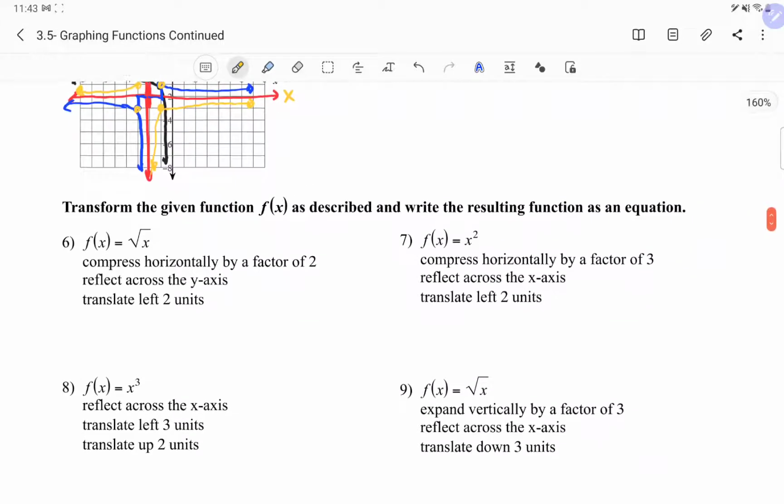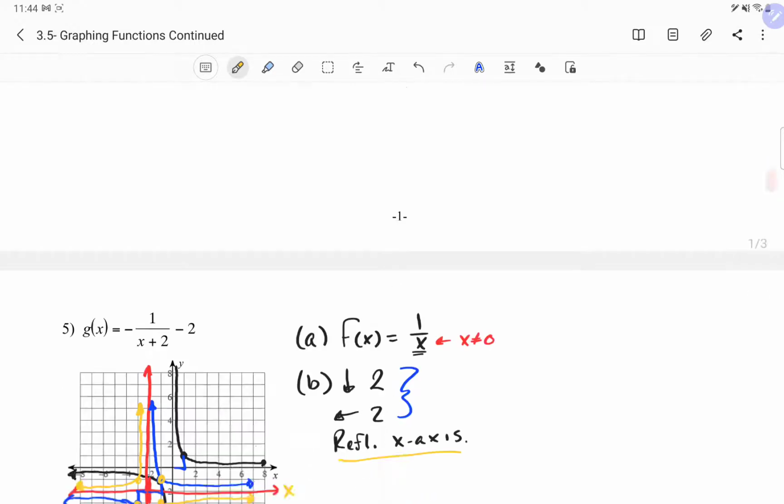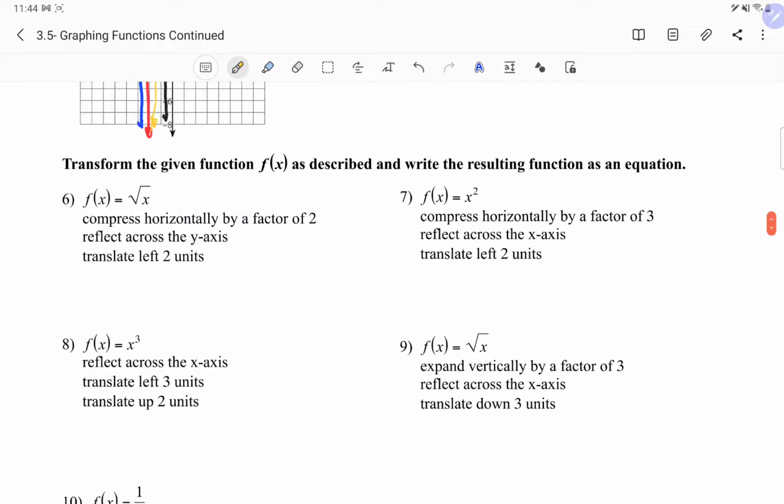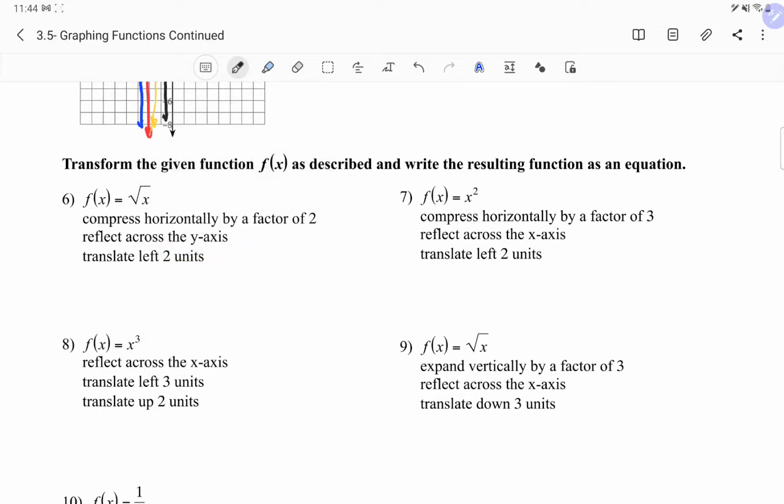Okay. So before I've been giving you guys the functions, and we come up with the graph. So now I'm going to give you the parent functions, and I want you to come up with the final equation. Okay, so we're going to take a look. Number 6 says it is a compression horizontally by a factor of 2.